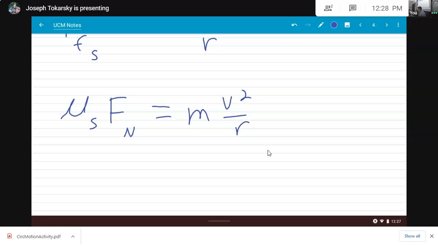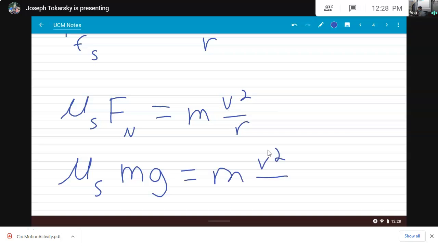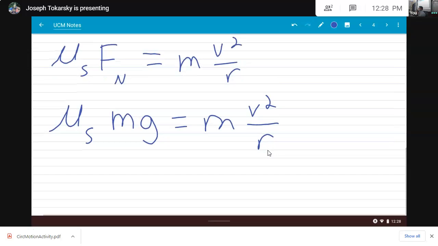So on a flat surface, as long as nothing crazy is going on, the normal force equals the weight. What does weight equal? m times little g. And that now solves the problem of mass being around, because what can mass do, guys? Cancel out.